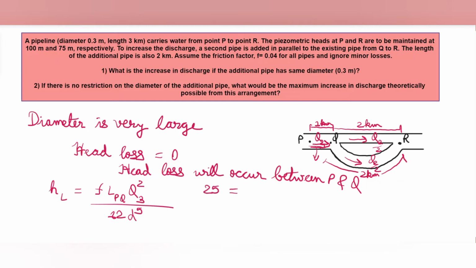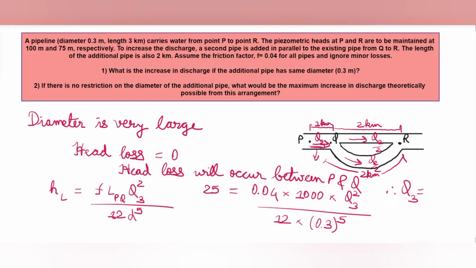Therefore we'll get 25 is equal to, friction factor is 0.04, the length of PQ is 1 kilometer, which is 1000 meter, into Q3 square upon 12 into d raised to 5. For PQ, the diameter is 0.3 meter, so it will be 0.3 raised to 5. Therefore, on solving this, Q3 is equal to 0.135 meter cube per second.